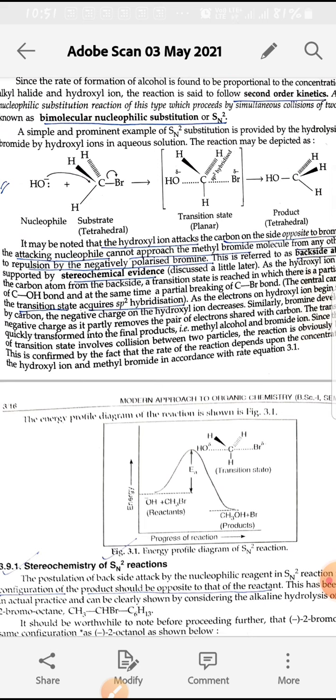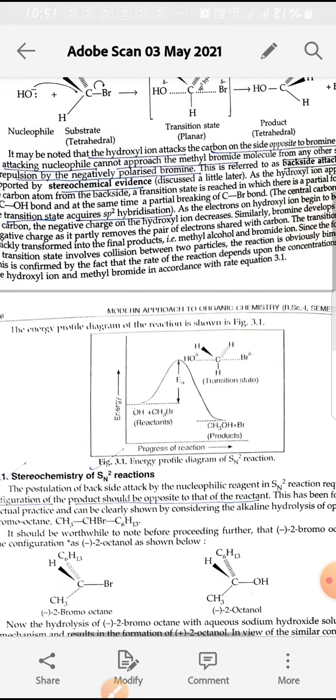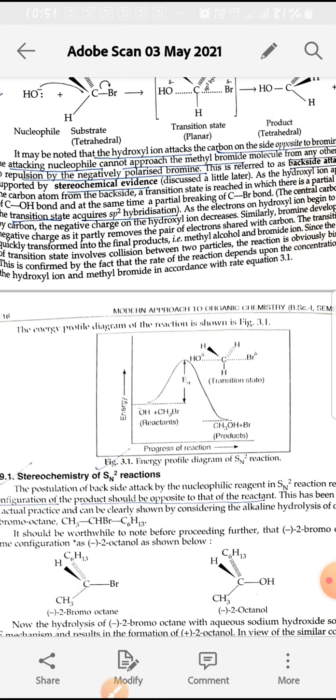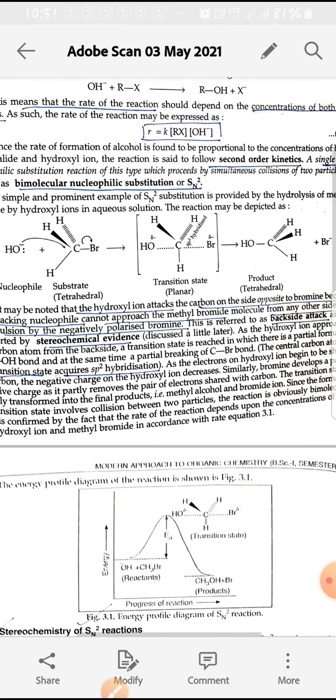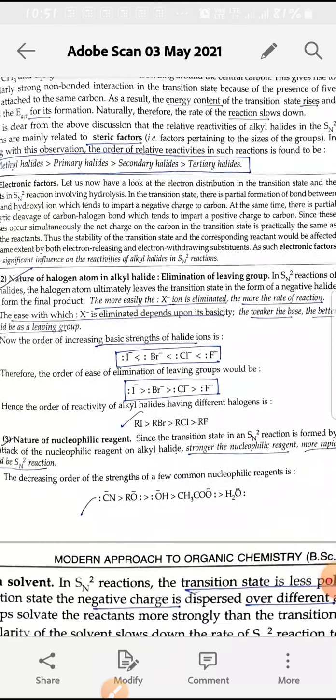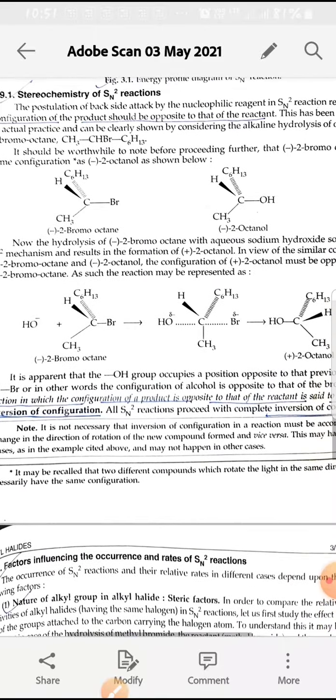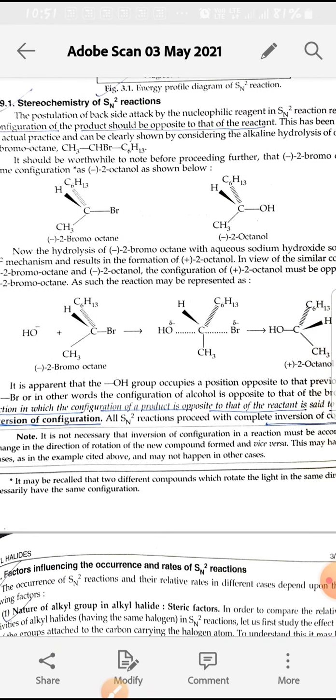Carbon is attached to 4 atoms, that is a tetrahedral carbon. So in the transition state there are 5 atoms. In that case there will be steric hindrance, as in bromooctane. So there will be steric hindrance between these groups, more steric hindrance with bulkier groups.